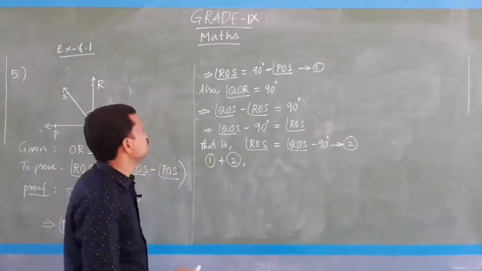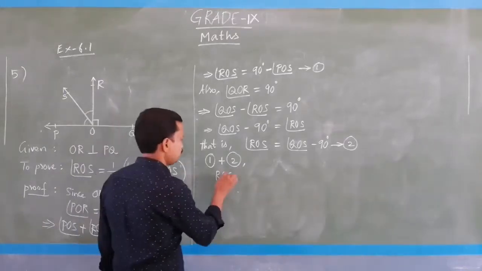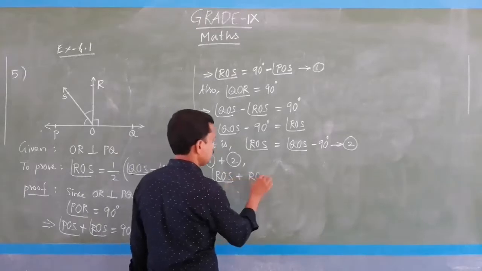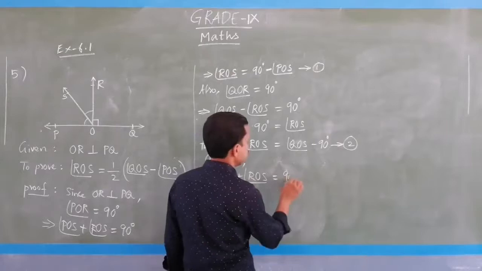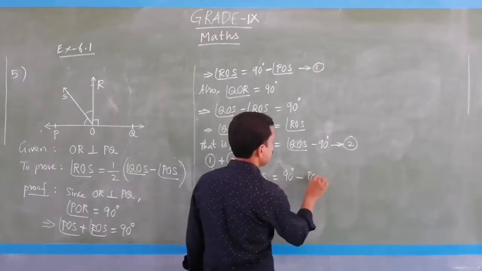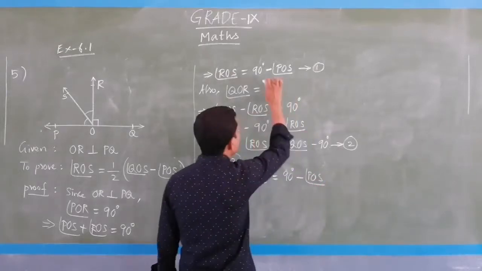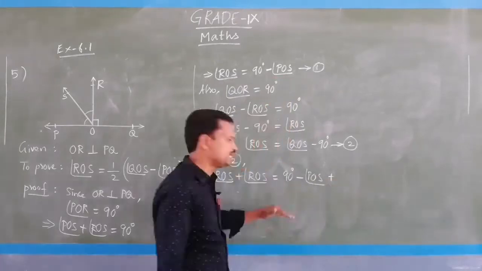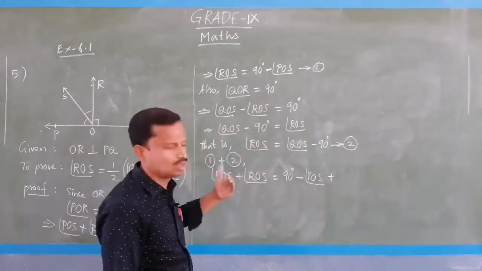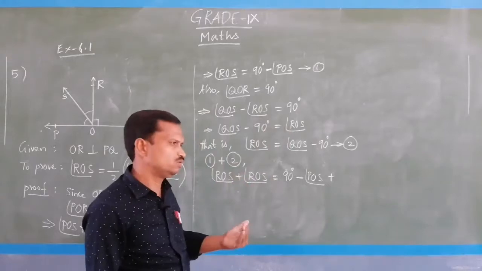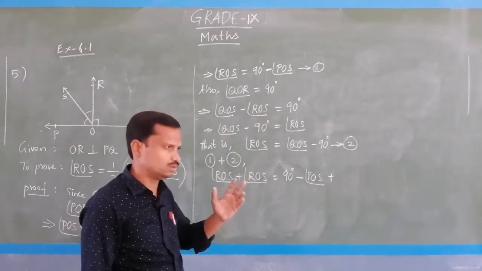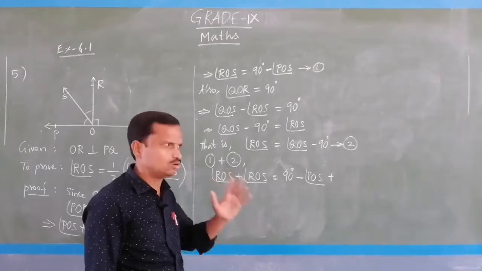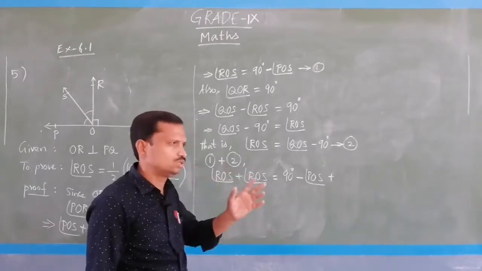So ROS plus ROS is equal to, what is in the right side? 90 degree minus POS. First you write this one and then plus. So we are adding the sides, no problem occurs, but if you subtract, then you have to put a bracket, because a minus will come before that, and you have to remove the bracket by changing the sign.